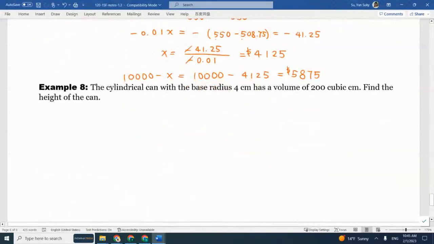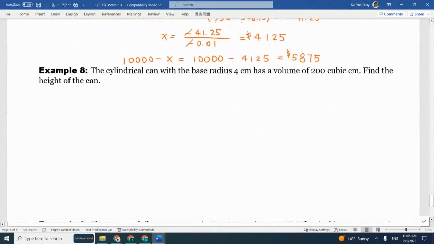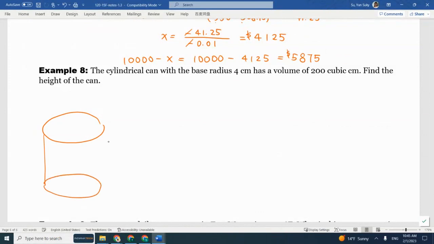Let's see. Example 8. The cylindrical can with base radius 4 centimeters. So it's a circular cylinder with the base radius. So r is 4.